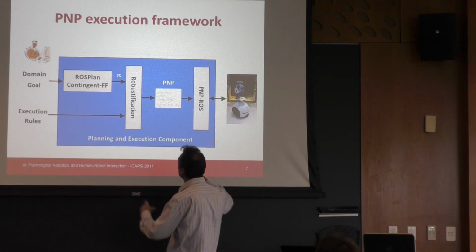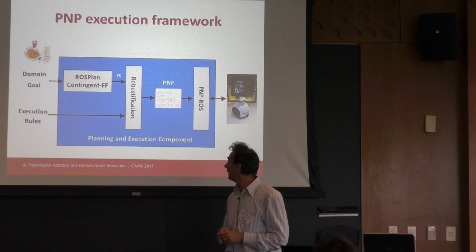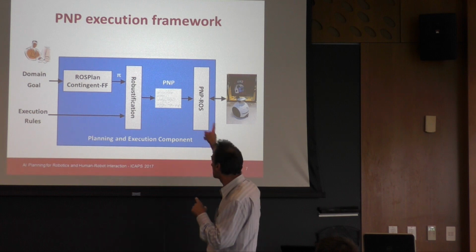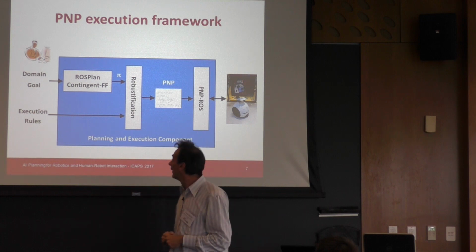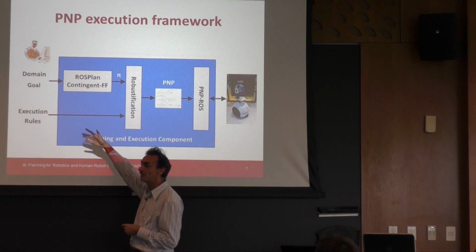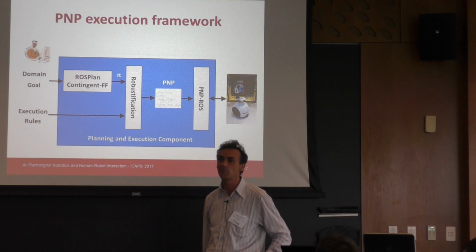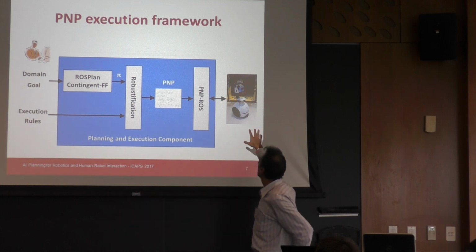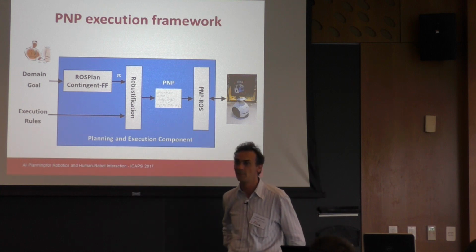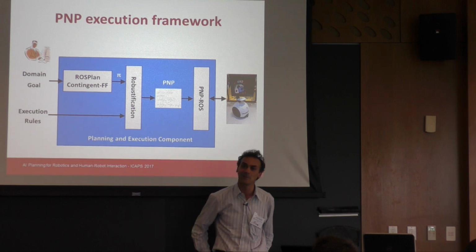So the main goal is that all this blue box that you see here must be domain independent. This means that you can use this as a black box, and you have to provide some information like the domain, the goal, or the specification of the world, and I will talk about execution rules, and then you will see your robot doing what you specified over there, without writing any line of code into this blue box.